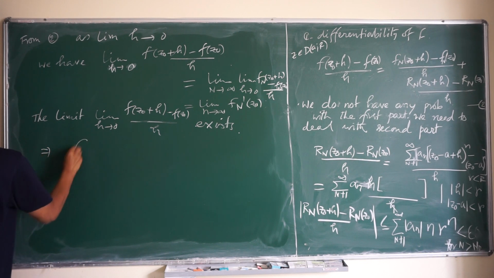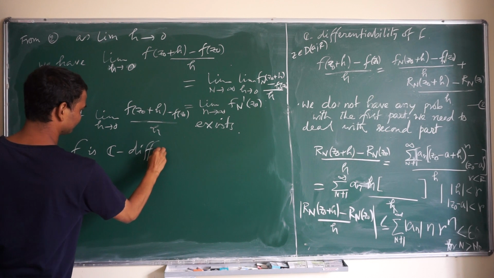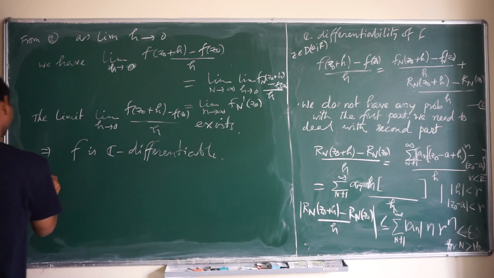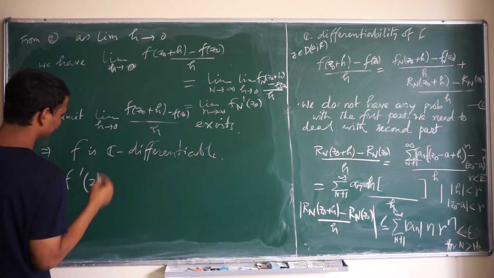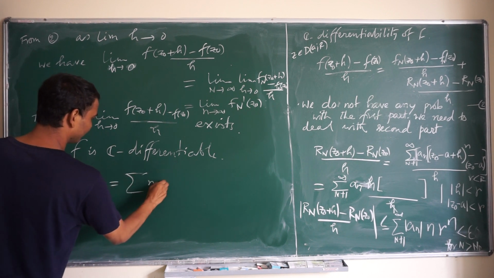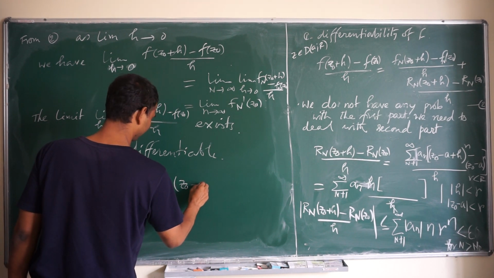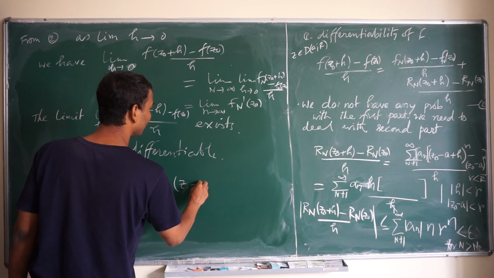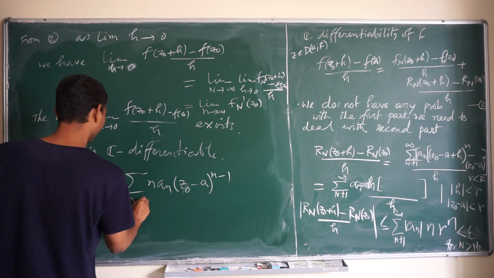This implies f is C differentiable, and f prime z0 is the summation n from 1 to infinity of n an (z0 minus a) to the power n minus 1.